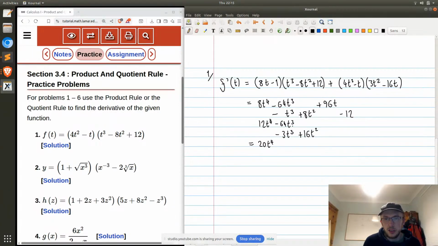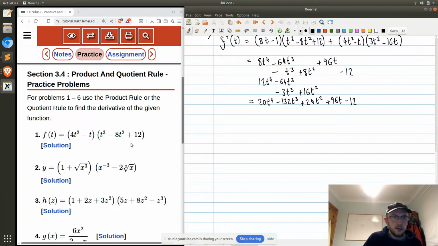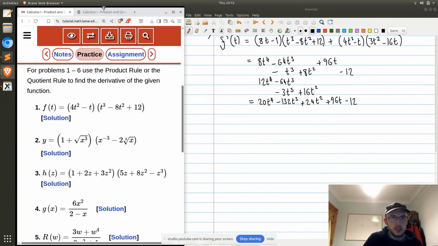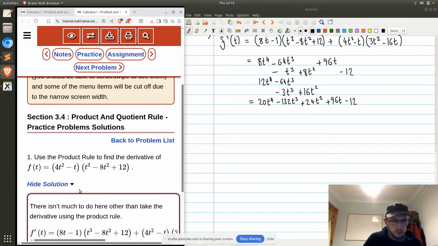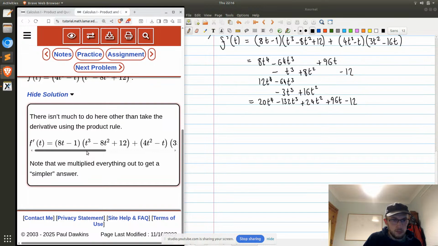So that's minus 128 minus 129, so minus 132t cubed. 24t squared, 96t minus 12. And that's my final answer to that one. We'll see if it's right. That's correct, and that's good.